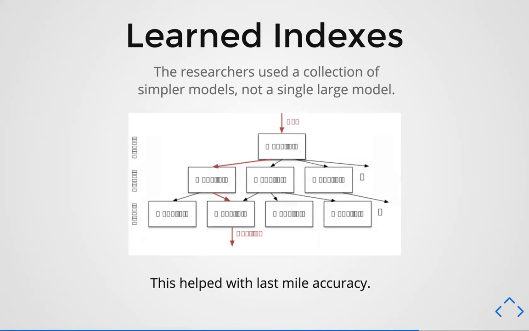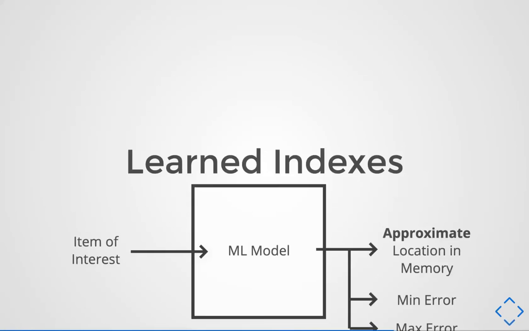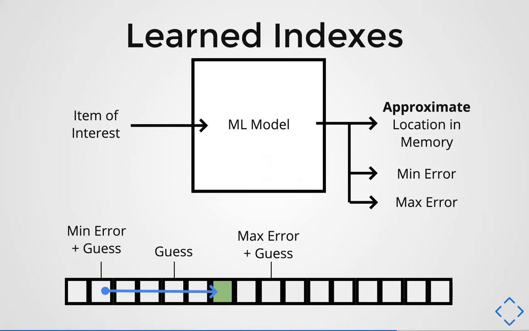All right. And crucially, one of the things the researchers found is that a single big complex model did not produce accurate last mile results, meaning it would give an approximation with big error bounds. And in order to reduce those error bounds, which is very important for the process of indexing, if we go back to this slide, making sure the range that we have to scan within is small is really, really important.